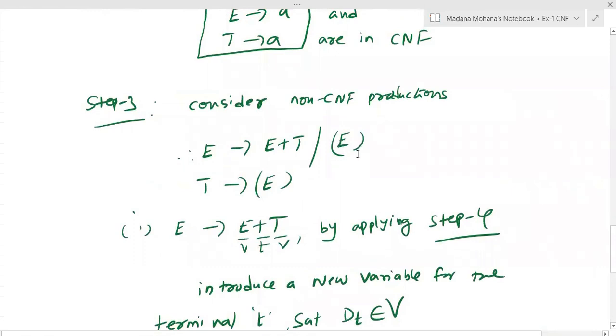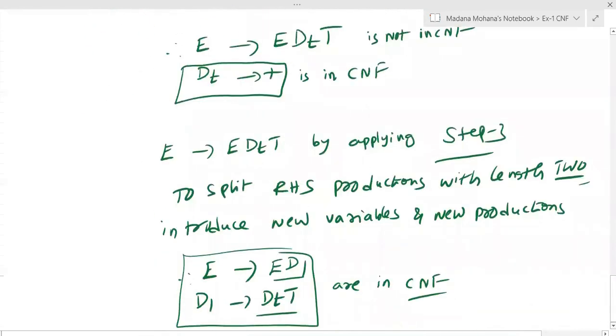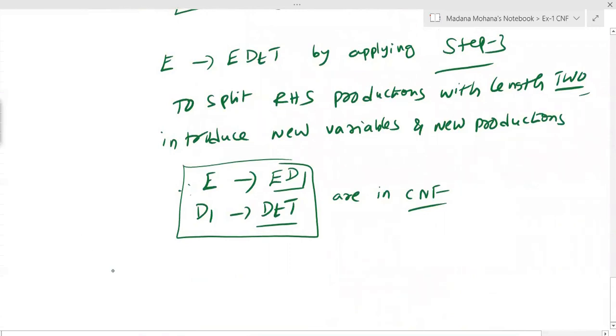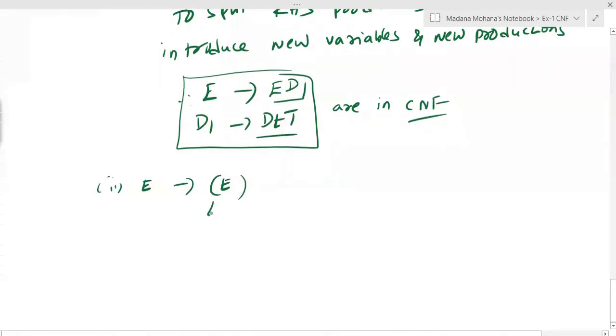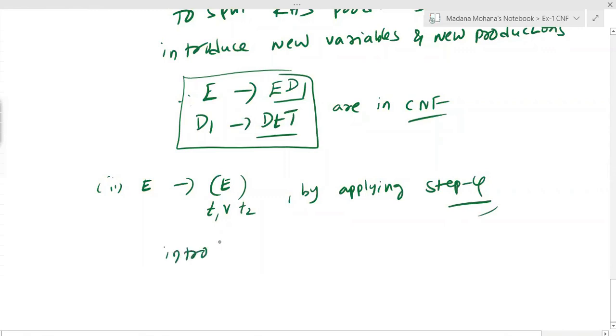Then another one, E derives E within parentheses. Another non-CNF production of E. Now let us consider E derives E within parentheses. Again here you can see it is in the form of step 4. This is terminal, 1 variable, then terminal 2. By applying step 4, introduce new variables for the terminals.